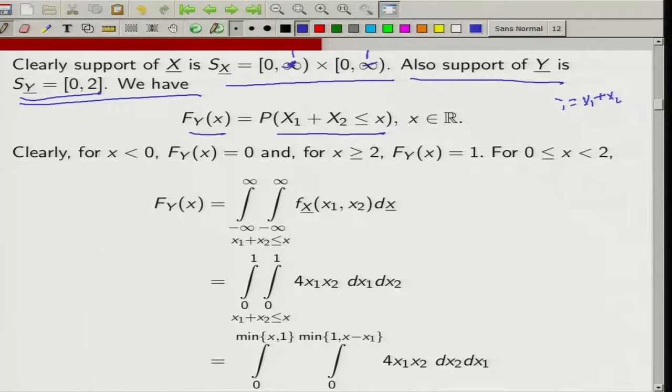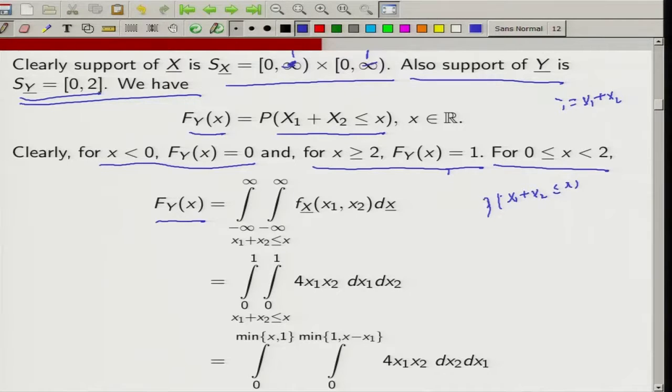Since the support of Y is [0,2], if x is less than 0, clearly F_Y(x) is 0. The right hand point of the support of Y is 2, so for x greater than or equal to 2, F_Y(x) is 1. Now, let us see for x between 0 to 2 what the distribution function is. F_Y(x) is the probability that X1 + X2 is less than or equal to x.